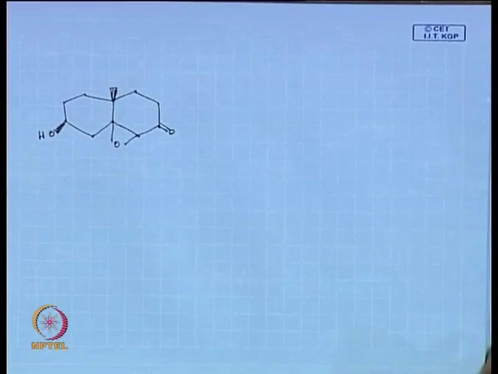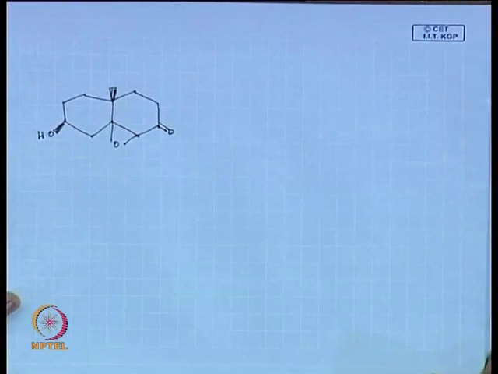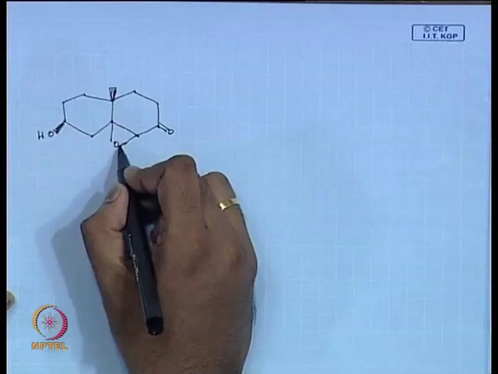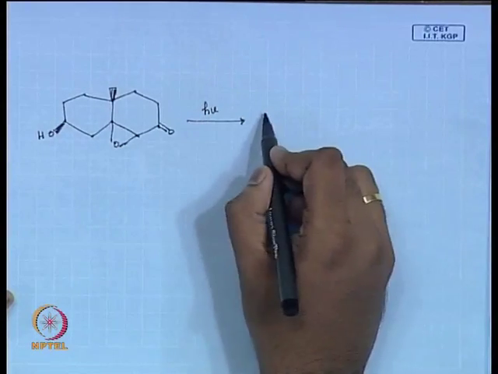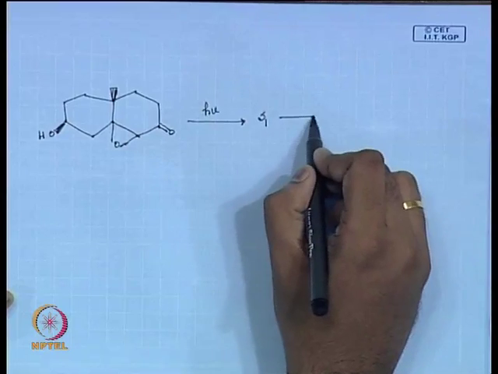So, I have a system now with an epoxy ketone like this. So, what can it do now? You say it is photolysis, it goes to S1.